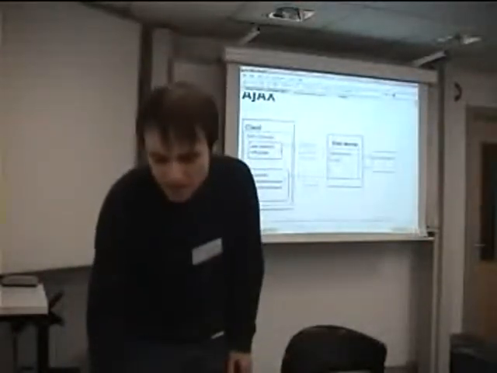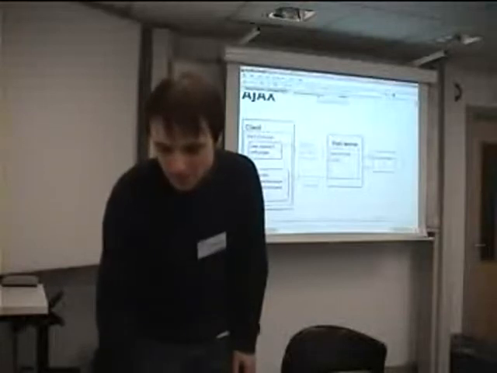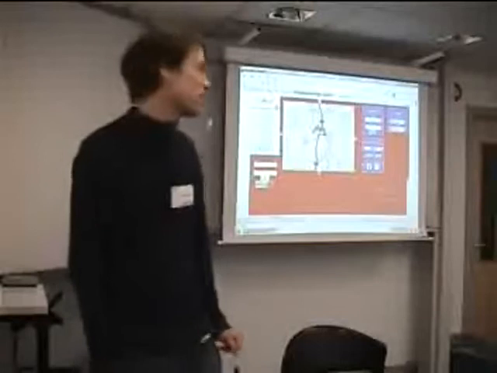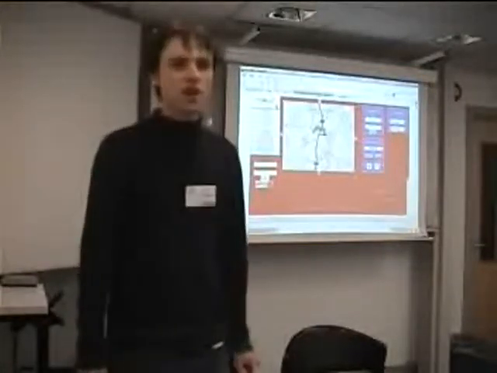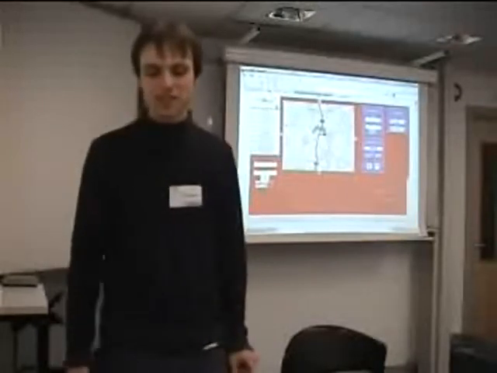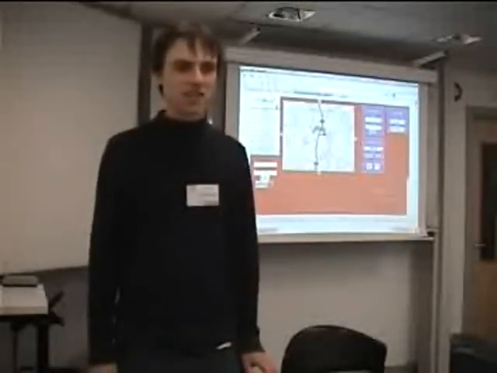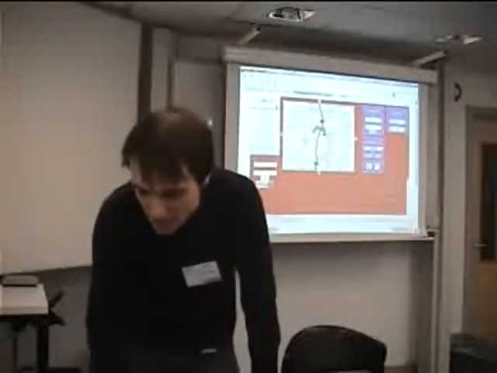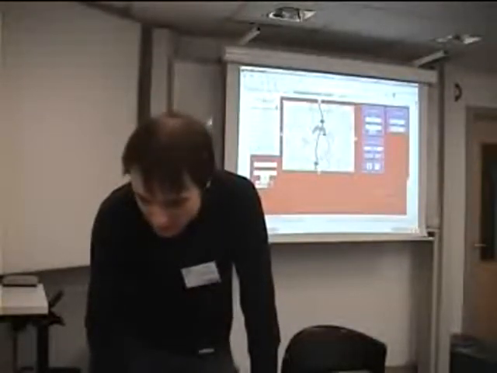Now, I think at this point it's about the best time to do a demonstration of some real live AJAX. Now, those of you who were here in the meeting way back in June, I did talk about this site, FreeMap. It's essentially a free mapping site. It uses AJAX.